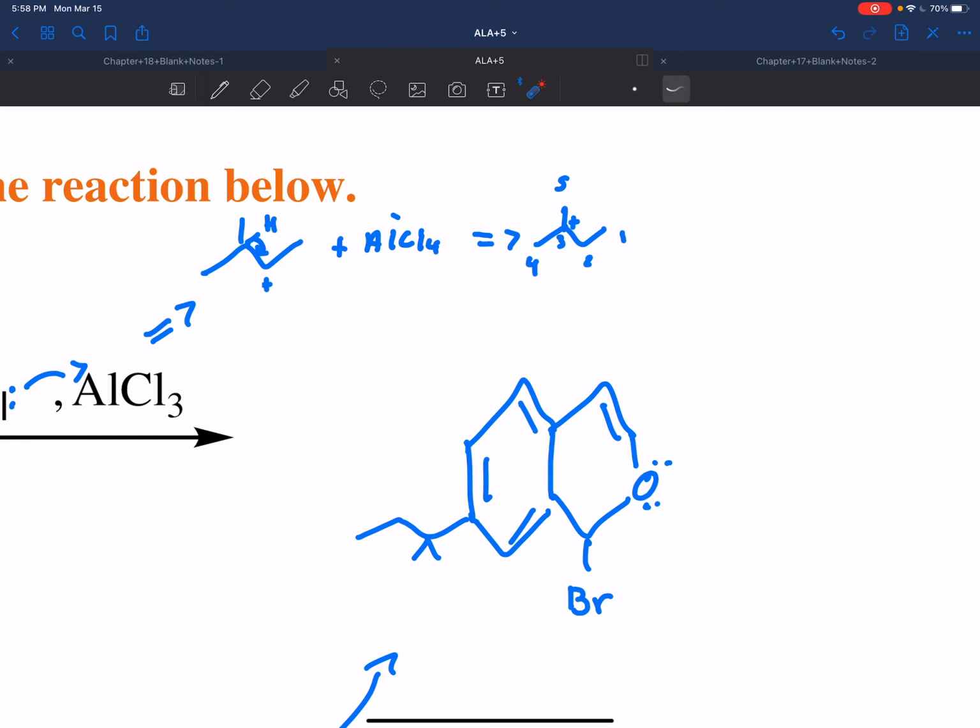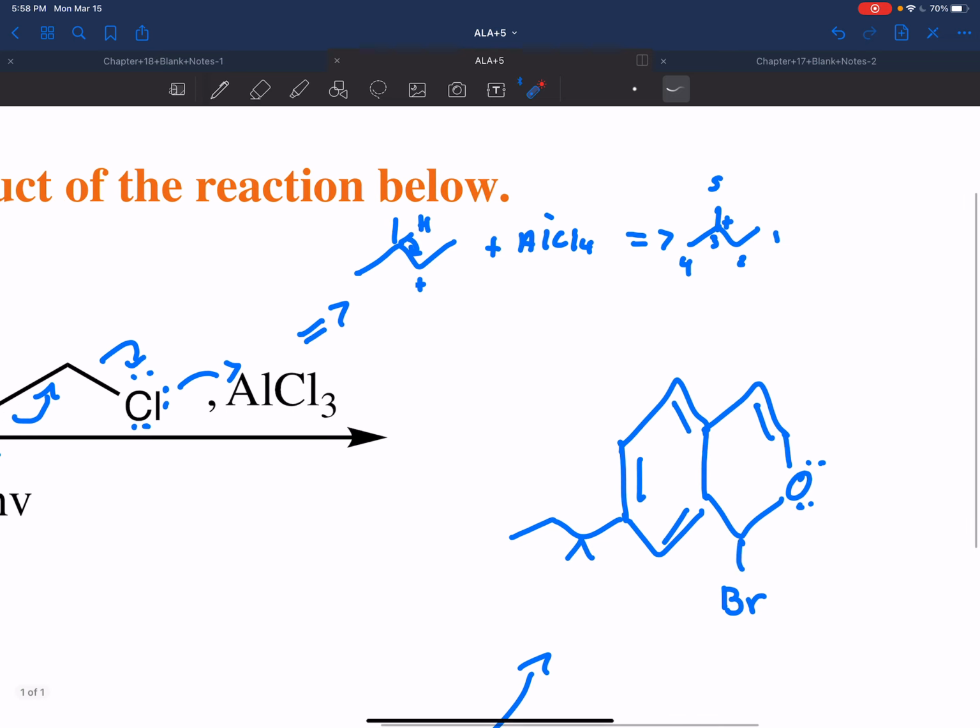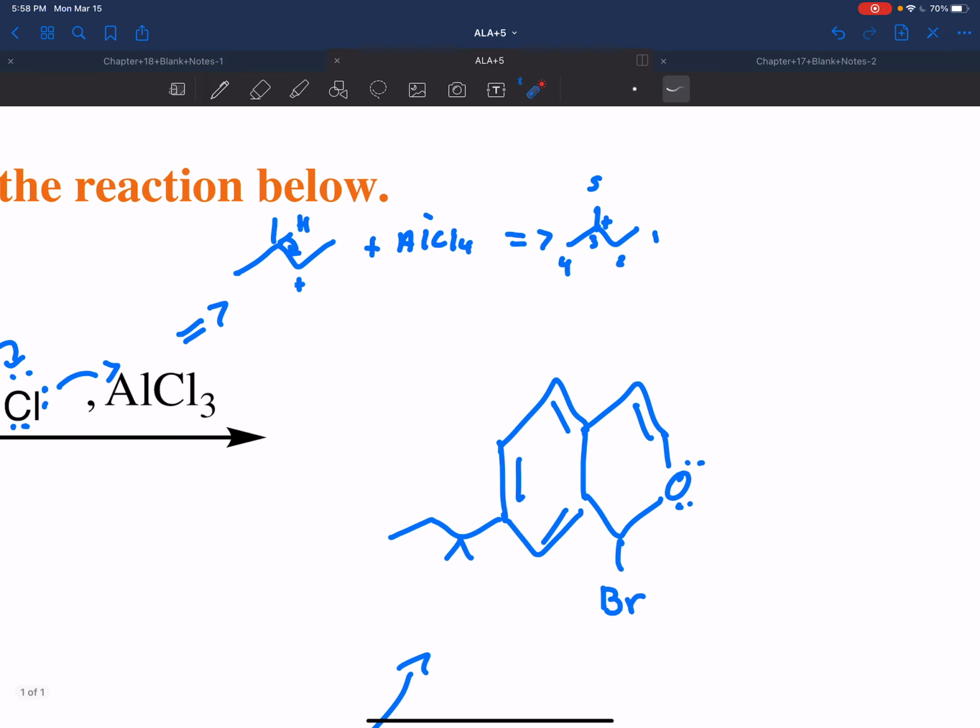Carbocations that are tertiary are more stable due to hyperconjugation from these carbons over here and their hydrogen bonds. So knowing that, my products of the activation of my electrophile are aluminum tetrachloride and this carbocation.